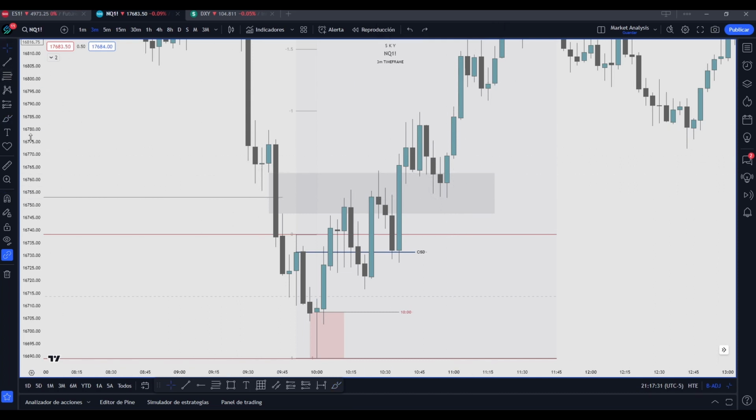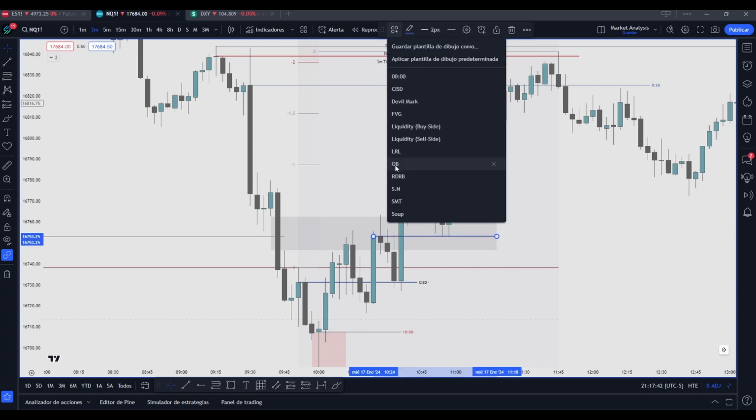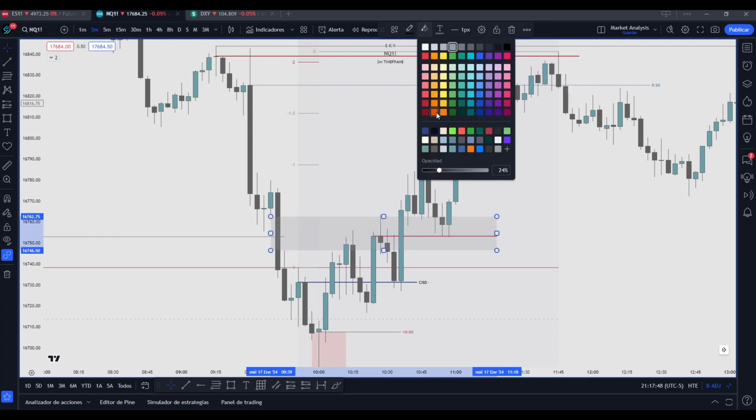If you want to play more safe with taking less emotions, you can also do this to not get FOMO. You could be trading inside this inverse fair value gap. Let me place it in some orange.